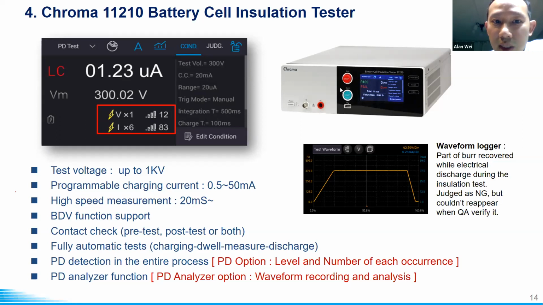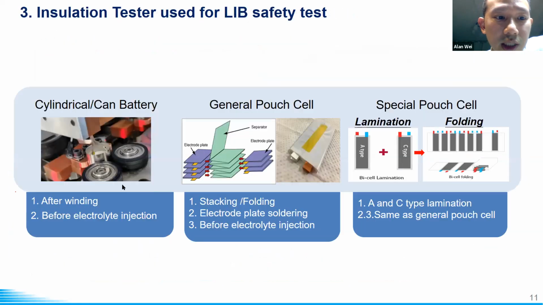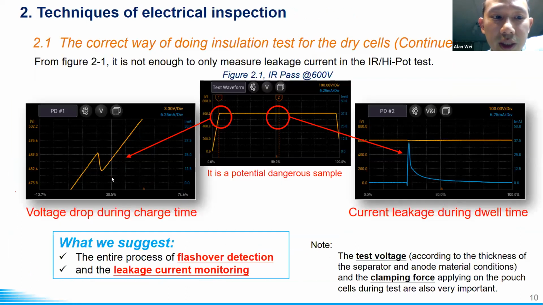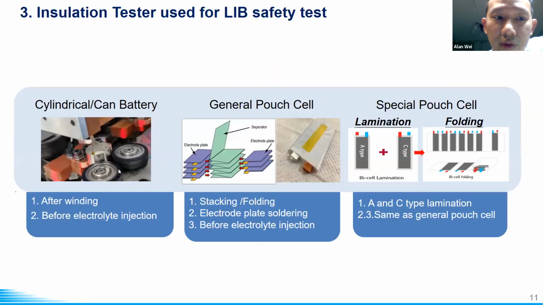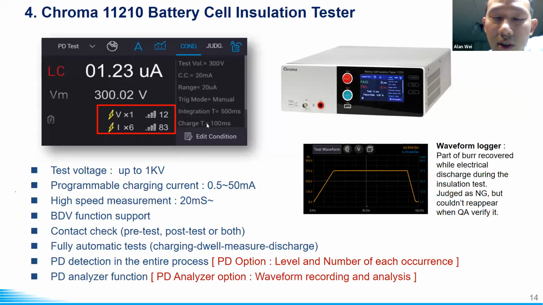VPD means the fast changing of the voltage, and IPD means the fast changing of the current, and also how many times it happens, such as how many voltage drops, how many times, and we also provide the maximum level. The level is provided from 1 to 99. The higher level means the higher discharge. The lower value means lower discharge.